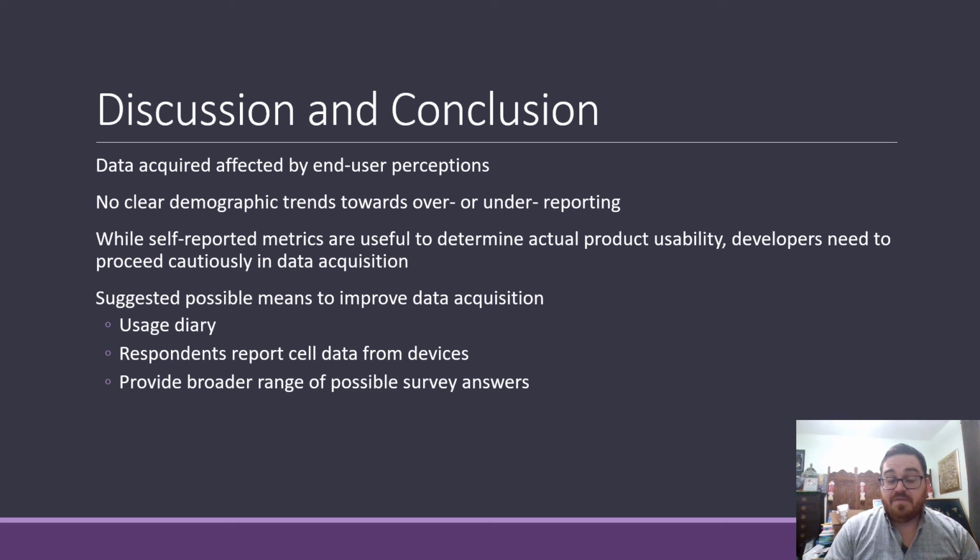The researchers did provide suggested possible means to help improve data acquisition. The first responses were to have the users actually record their usage in a diary, or to have the respondents report cell phone data from the devices themselves, look back and see how long a call was, look back and see how many texts you sent in a day.